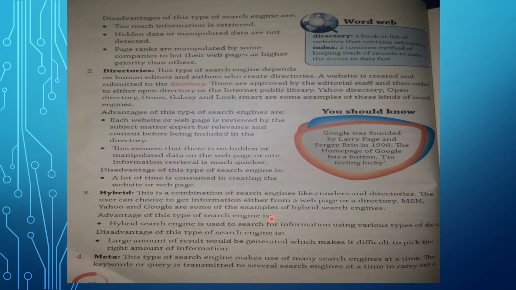Let me read the advantages of this type of search engine. A hybrid search engine is used to search for information using various types of data. As you know, hybrid means mixed, a combination of crawlers and directories, so you can search any type of data.